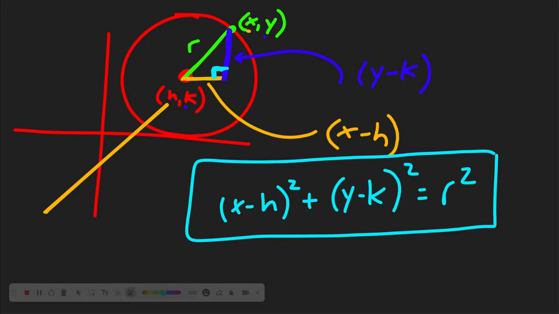It looks like the distance formula, but this is actually the equation of a circle. It's the set of all points X, comma Y that are a set distance away from the center H, comma K. So that's why this looks so familiar. It's just Pythagorean theorem.